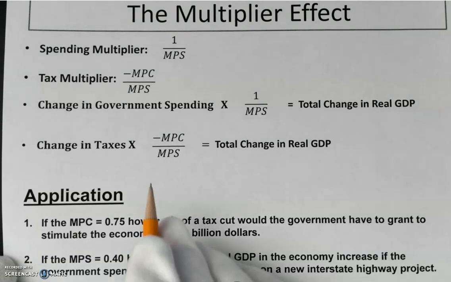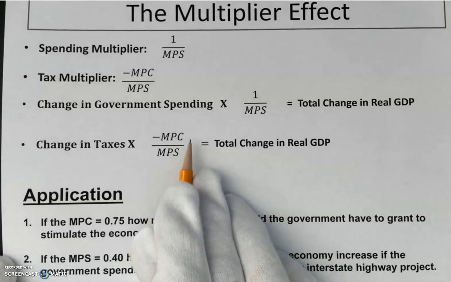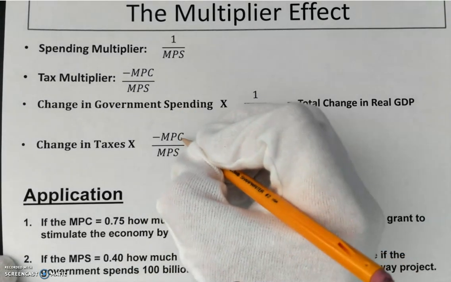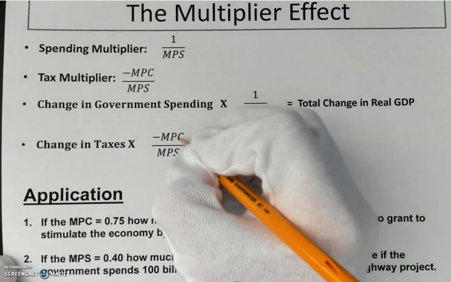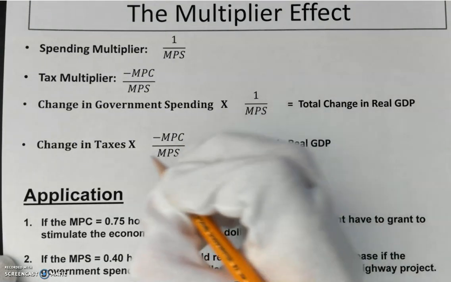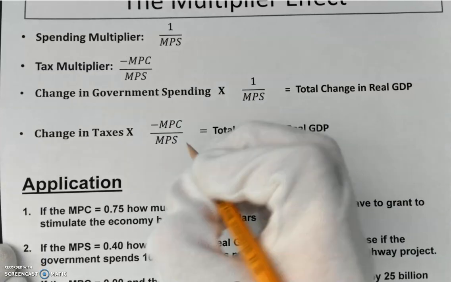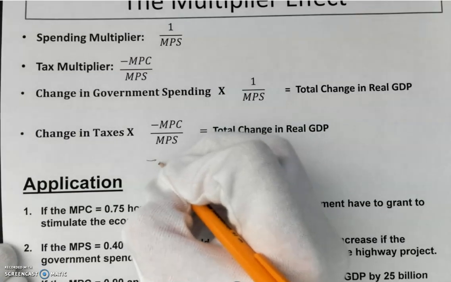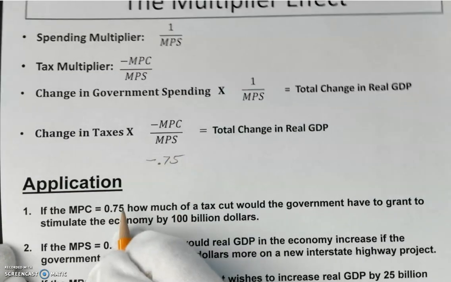So it looks like we're going to plug in 0.75 here into our numerator. Actually, it's going to be negative 0.75. I'll replicate this down here. So we're going to have negative 0.75.